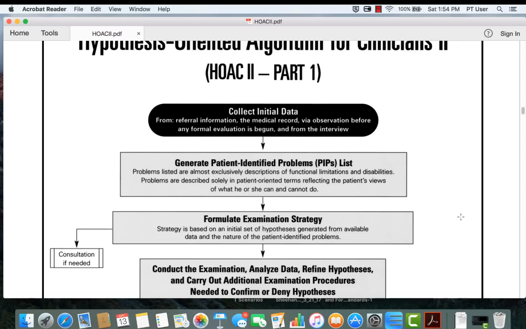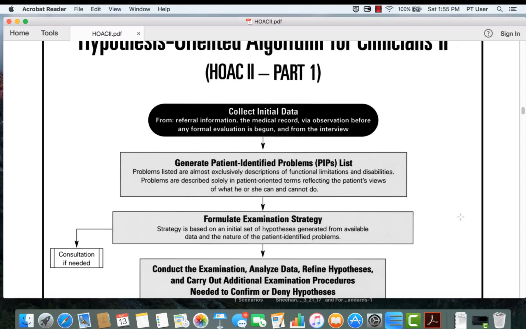We want to reflect what's important to the patient in terms of what they can and cannot do. This may not be the way that you measure things. That may not be the most objective way to capture what's going on. But we want to see and hear what's most important to the patient first.